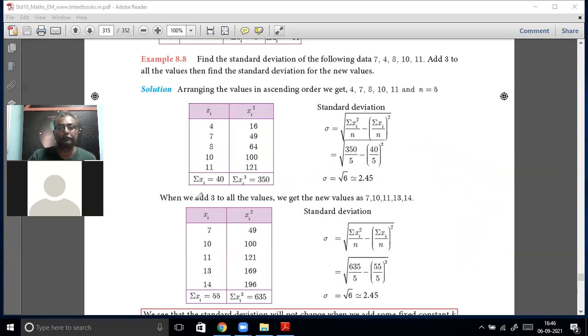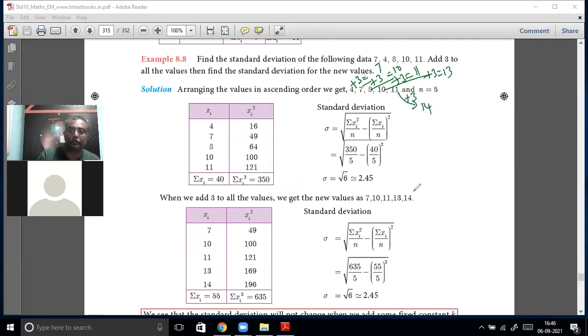Now when we add 3 to all the values, we get the new values. How are you getting them? The first value is 4. 4 plus 3, 7. 7 plus 3, 10. 8 plus 3, 11. 10 plus 3, 13. 11 plus 3, 14.